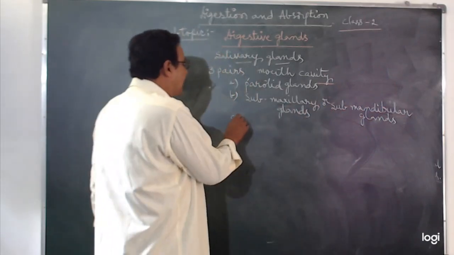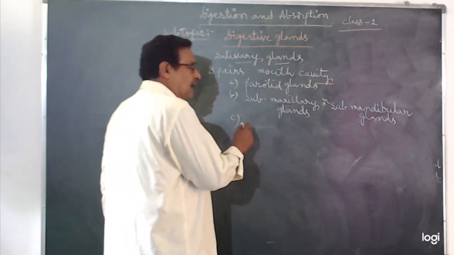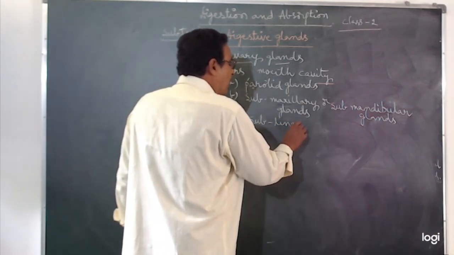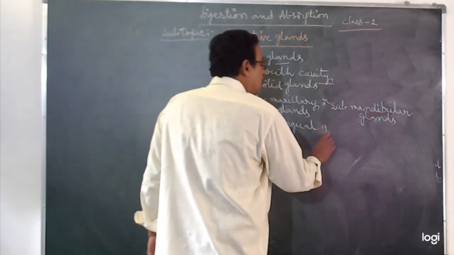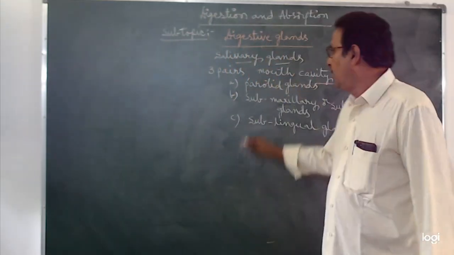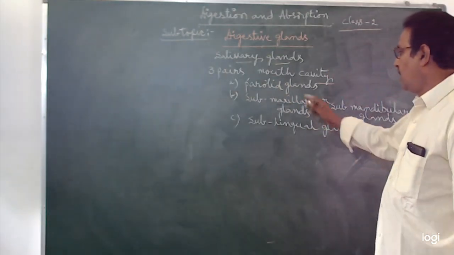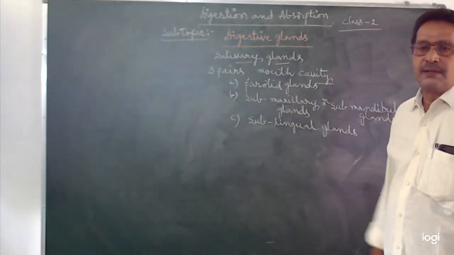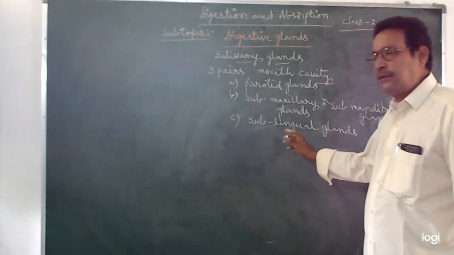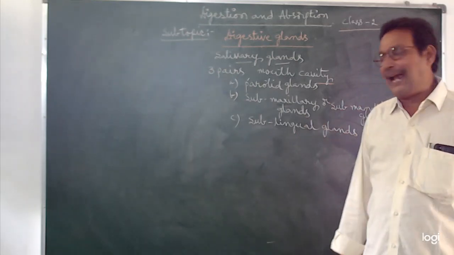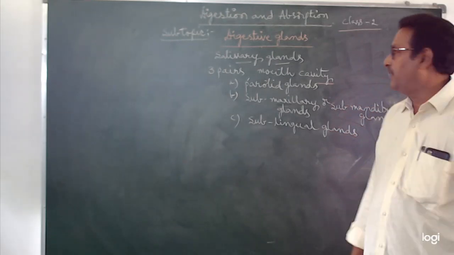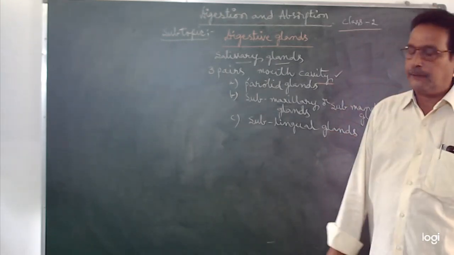The third pair of glands are called sublingual glands. One pair of parotid glands, one pair of submaxillary or submandibular glands, and one pair of sublingual glands: three pairs of salivary glands which are located in our buccal chamber.